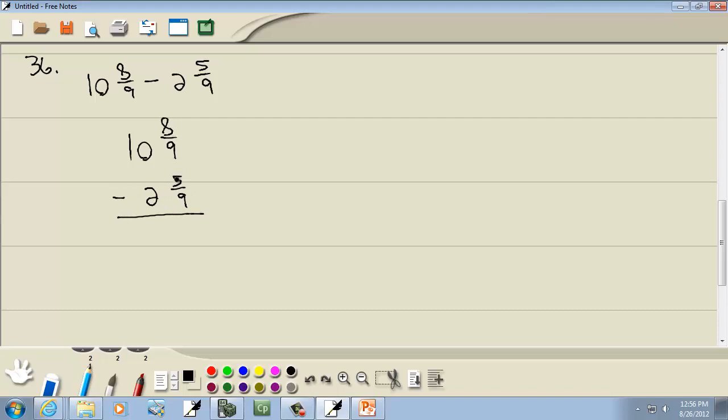Well, first thing I do is subtract the fractions. These have the same denominators. That works out perfect. 8 minus 5 gives us 3/9. And then 10 minus 2 gives us 8. Now this reduces. 3/9, top and bottom are both divisible by 3. 3 divided by 3 is 1. 9 divided by 3 is 3. So our answer would be 8 1/3.